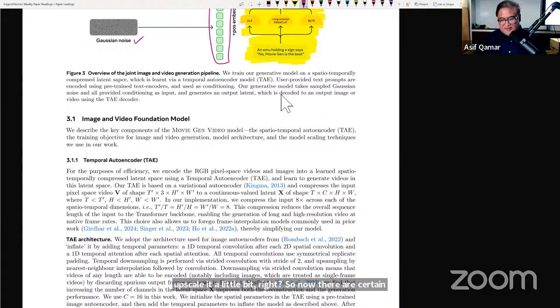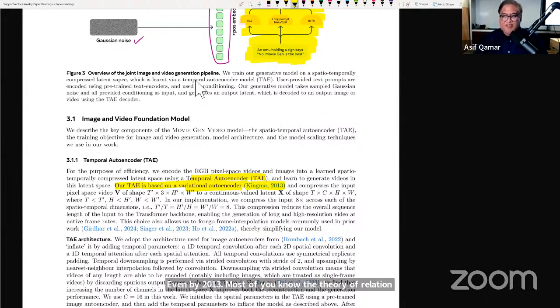First is that, in the interest of computation, they do some compression and then they do some expansion. Again, they mention that the temporal autoencoder is a variational autoencoder. As you can imagine, these have been known for quite some time, since 2013. Most of you know the theory of variational autoencoders. What are variational autoencoders?